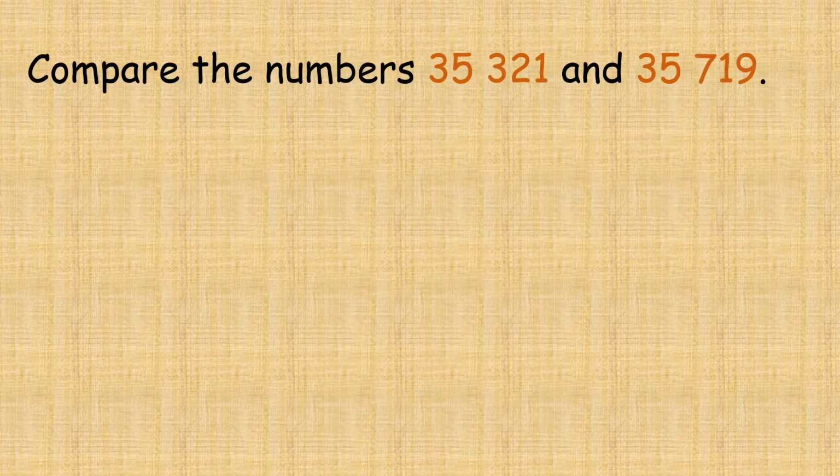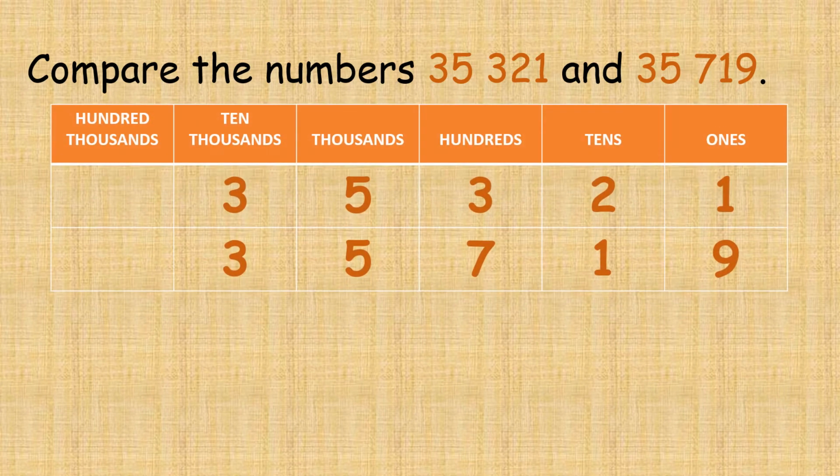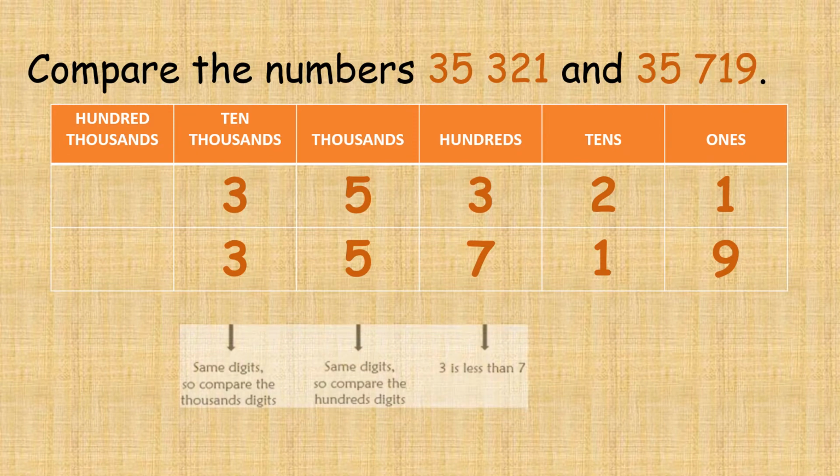Now let us compare the numbers 35,321 and 35,719. First, we put the digits in the place value chart. Then, we compare the corresponding digits of the numbers from the highest place value, or from the ones on the left. So we start from the 10,000s digits.